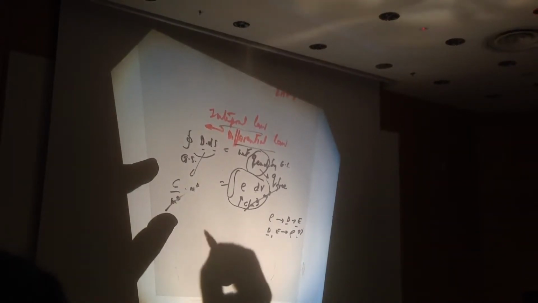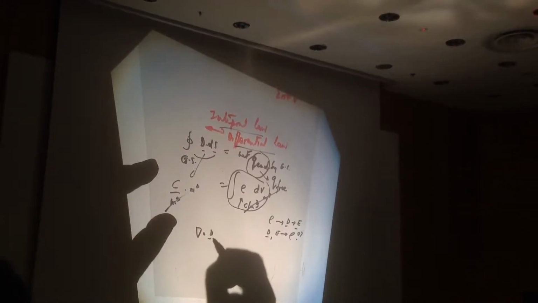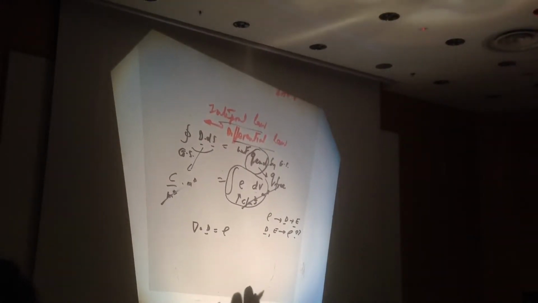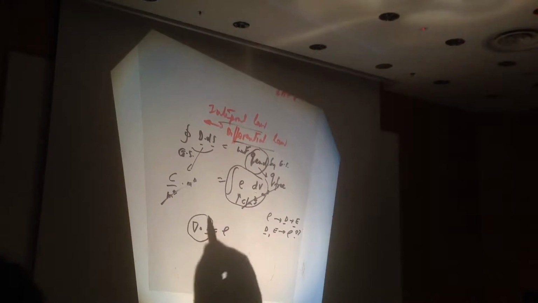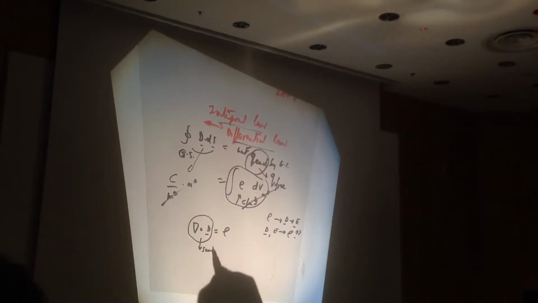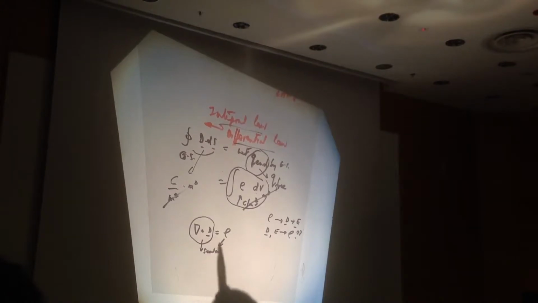according to the divergence theorem, the divergence of vector D is equal to rho. This is a scalar. D is a vector, so the dot product is a scalar.